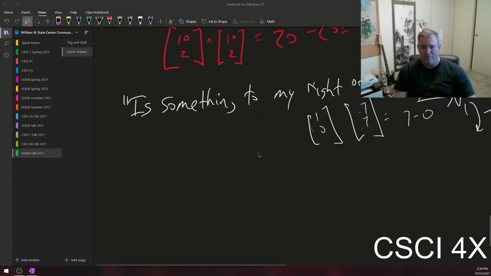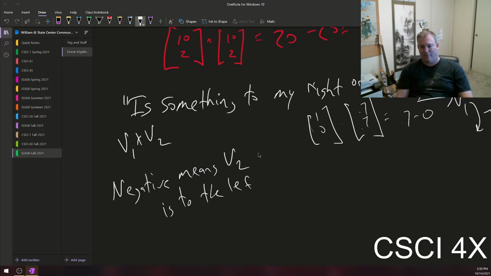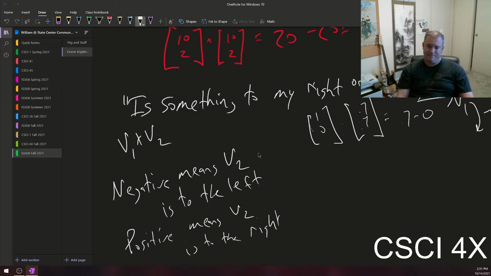So if you've got V1 cross product V2, a negative number means V2 is to the left. A positive result means V2 is to the right. Make sense?